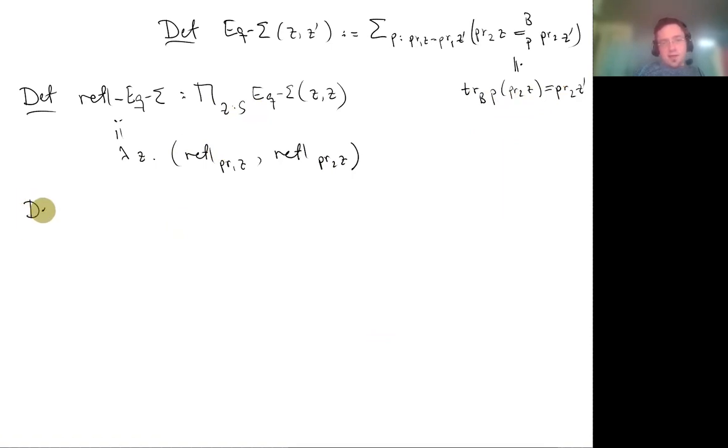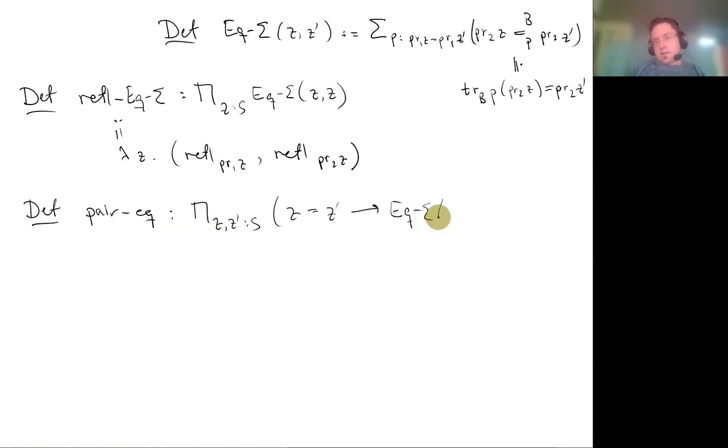And now we can define the maps back and forth. So by reflexivity, we get a function called pair eq. I guess that means that we take an identification and we make a pair of equations, or eq sigma, out of it. So this has type: for every z and z prime in the sigma type, if z is equal to z prime, then we get an eq sigma z z prime.